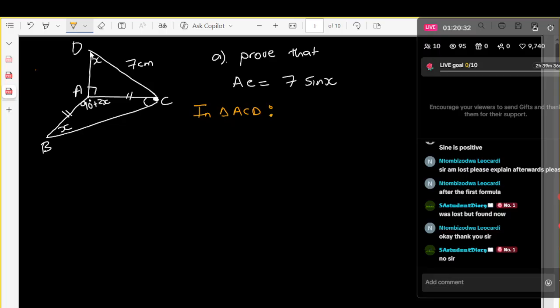So we're going to say the sine of x will be equal to opposite, which is your AC, all over hypotenuse, which is 7. The next thing is to make AC the subject of the formula. Divide this side by 7, divide the other side by 7, and this should just be 2 marks. What is AC equal to? AC is just 7 sine of x.